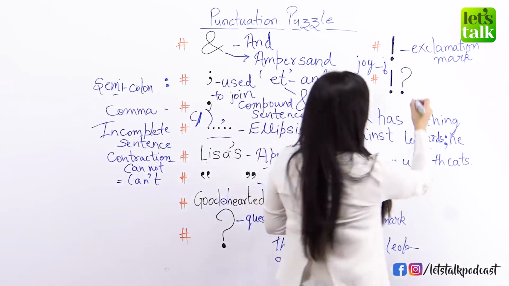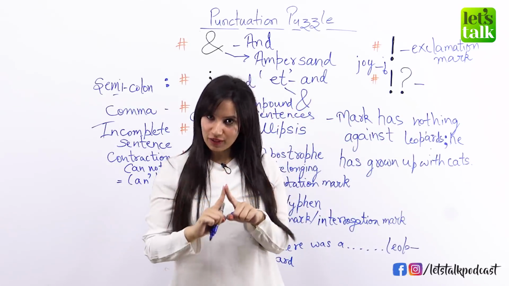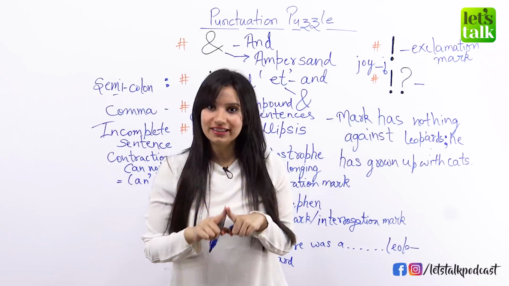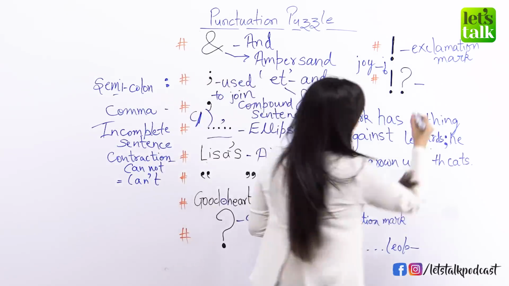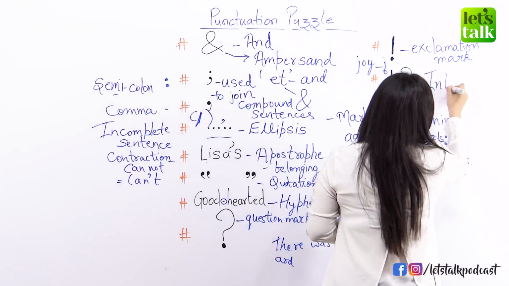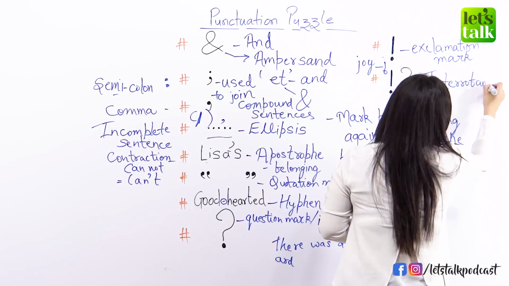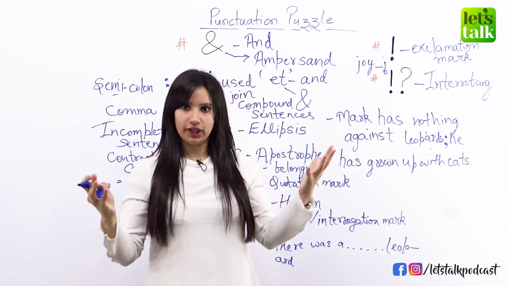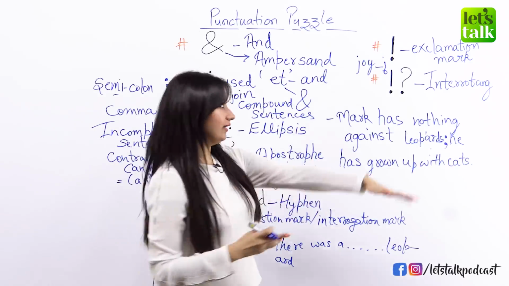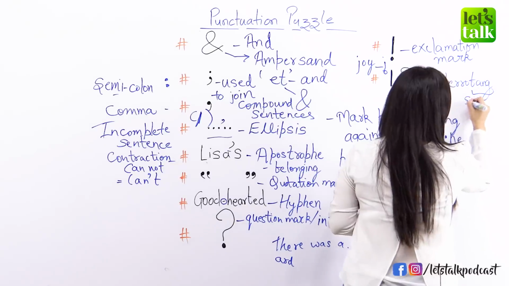The last one that we have, this is a portmanteau, which means it has two marks coming together and two words coming together, because its name is interrobang. So bang means an exclamation or a shock or a surprise, which is same as this mark, which means surprise.